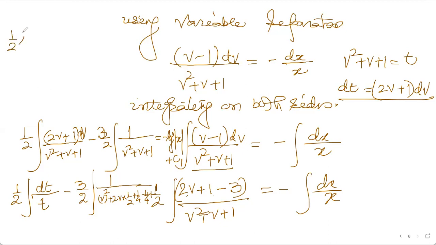So this gives half log of t minus 3 by 2 integration dv upon v plus half whole square minus 1 by 2 minus 1 by 4.